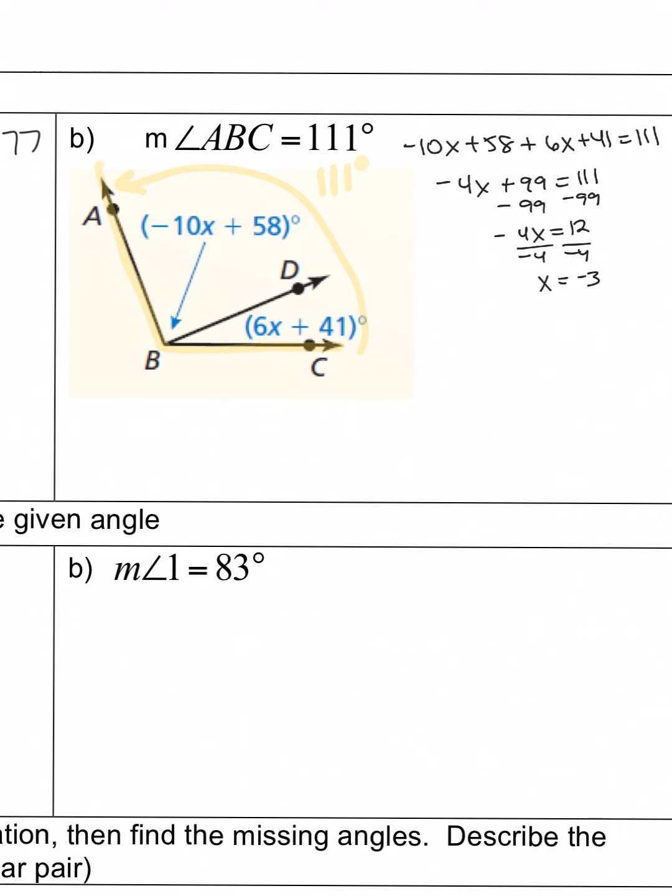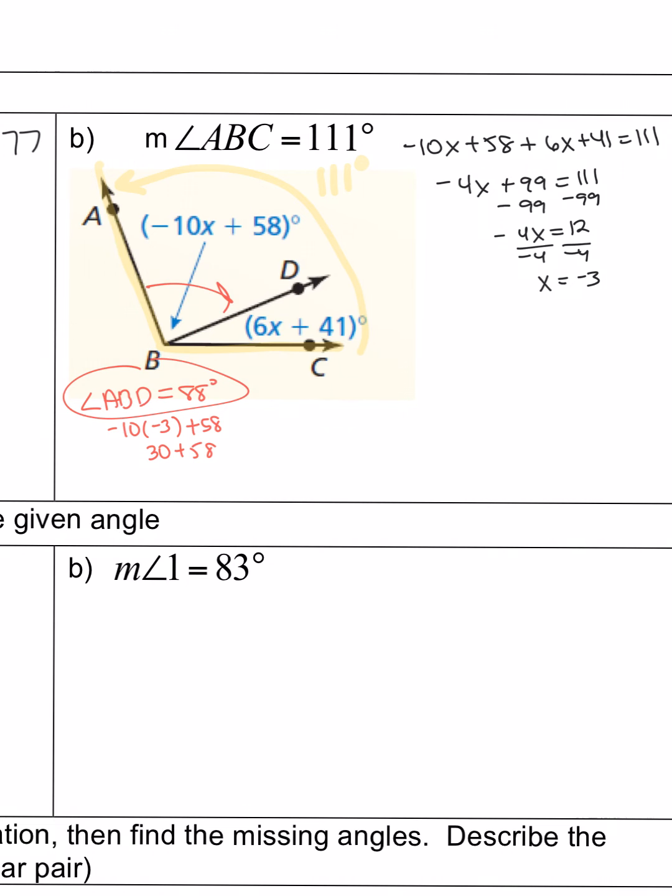So the measure of angle ABD is equal to negative 10 times negative 3, that's x, plus 58, that's 88 degrees.